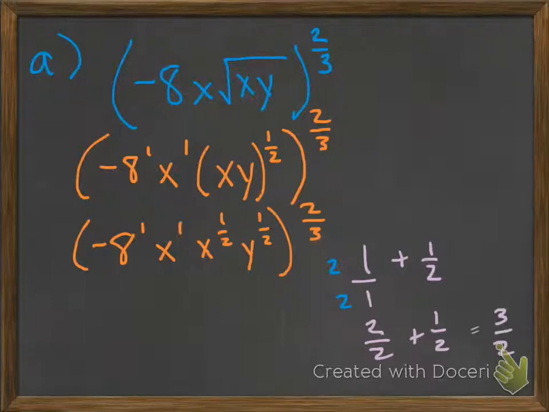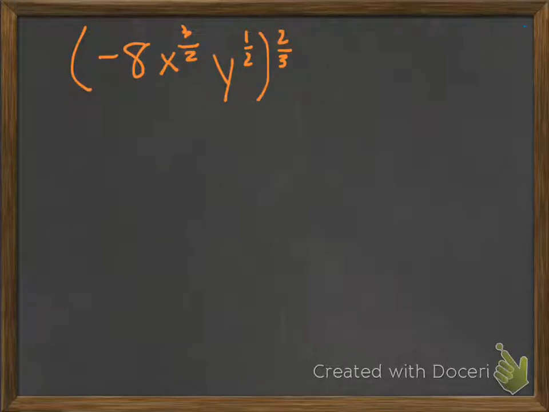So going back to the problem, negative 8 to the first power, x to the 3/2 power, y to the 1/2 power, all raised to the 2/3. So now that I've condensed as much as possible, now we're going to bring that 2/3 into the problem. Okay, so I'm going to switch my screen so I have a little bit more room.